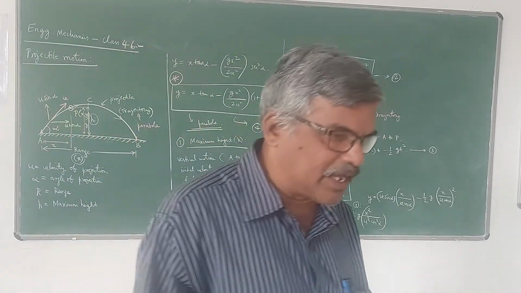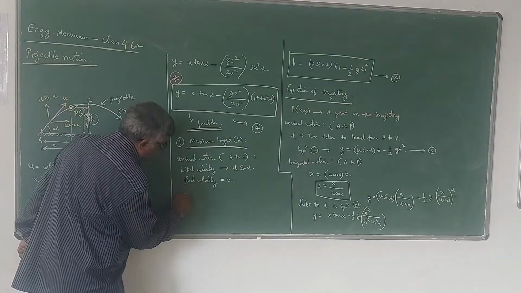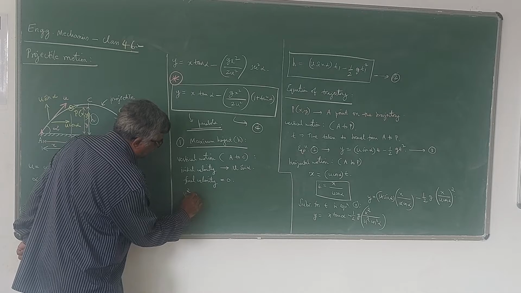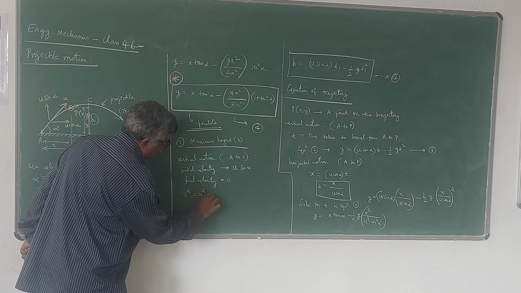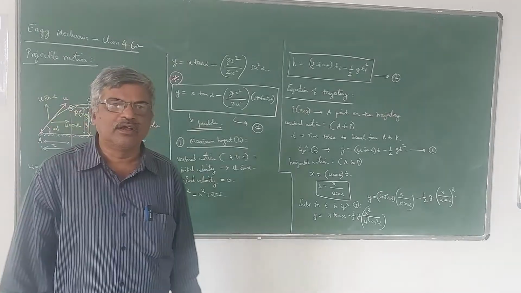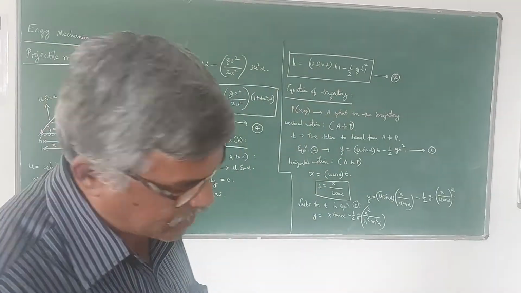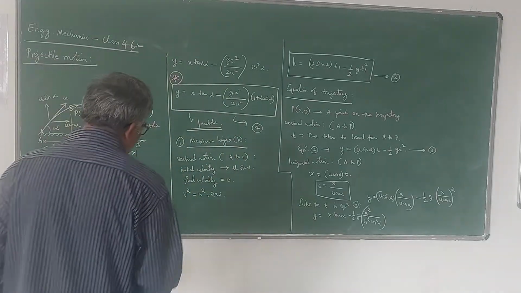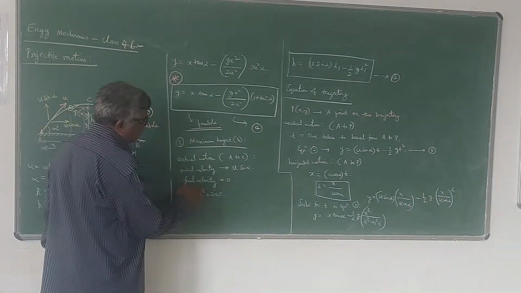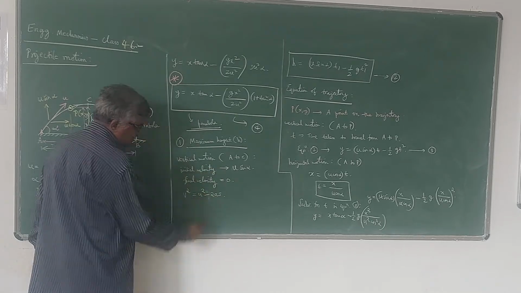Now we have to use the equation of motion. Here I will use v square is equal to u square plus 2as. This is the third equation of motion. Here a is replaced by g. Since your initial velocity is more and final velocity is 0, I can take it as minus.